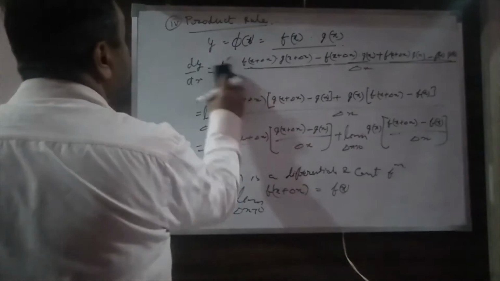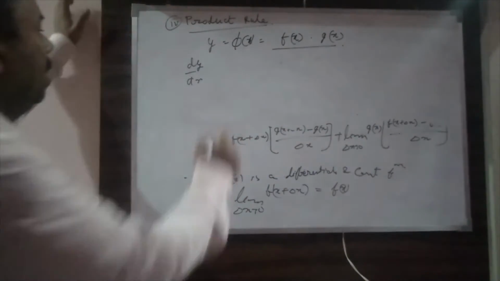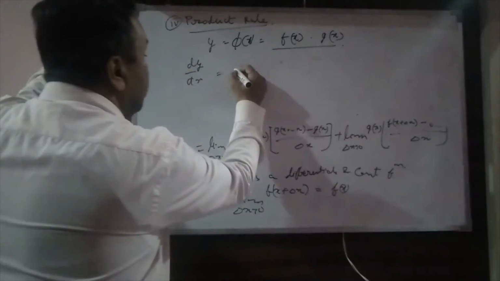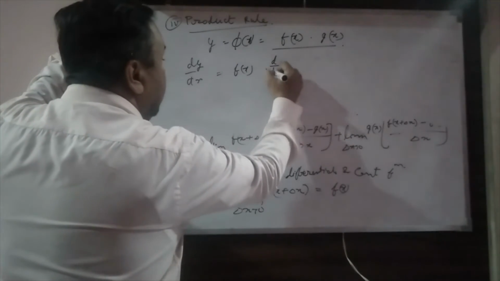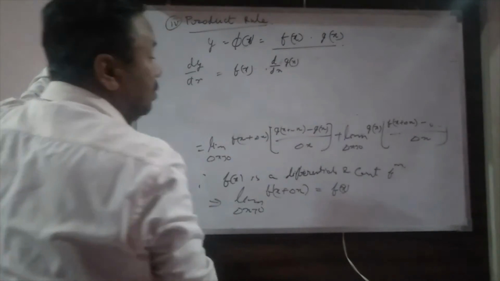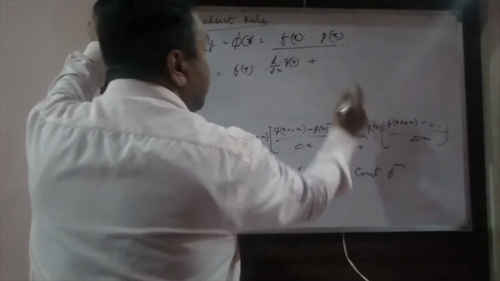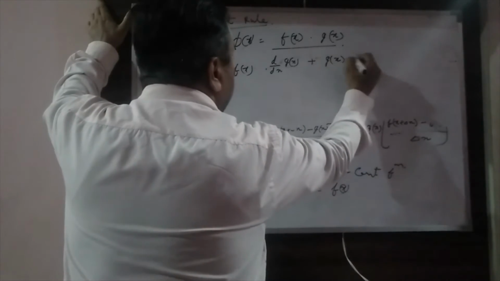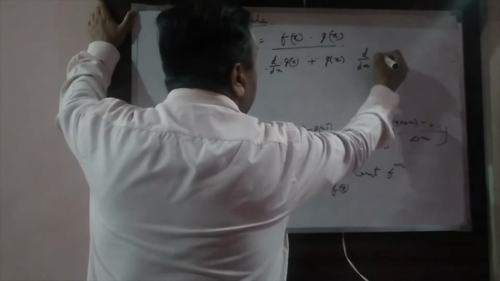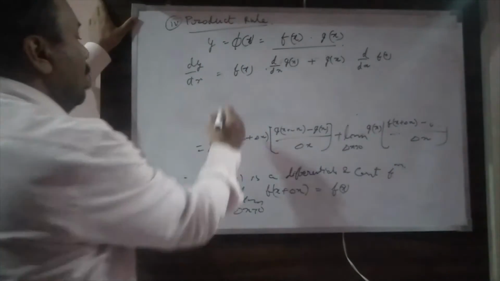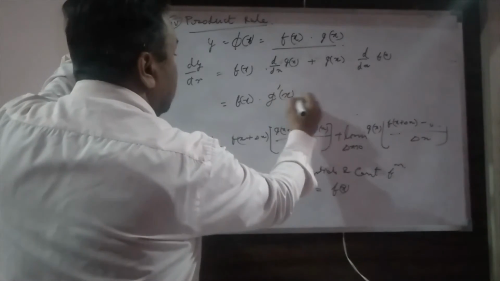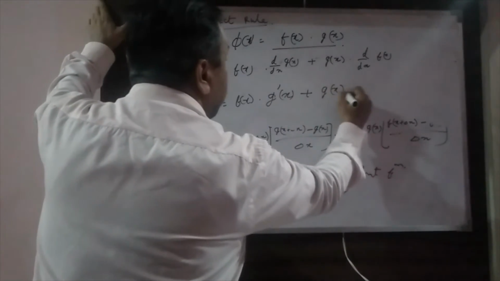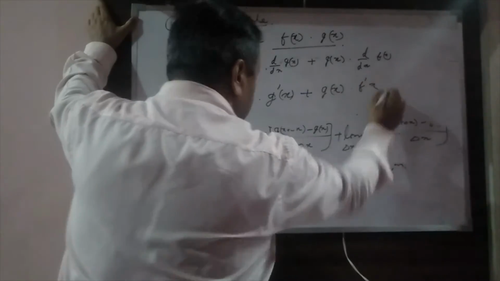So what I am getting is f(x) multiplied by d/dx of g(x) plus g(x) multiplied by d/dx of f(x), or f(x) multiplied by g'(x) plus g(x) multiplied by f'(x).